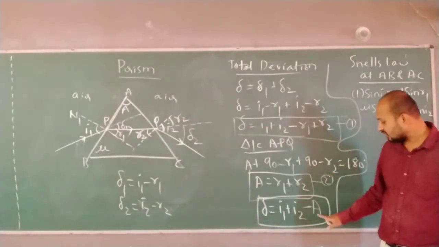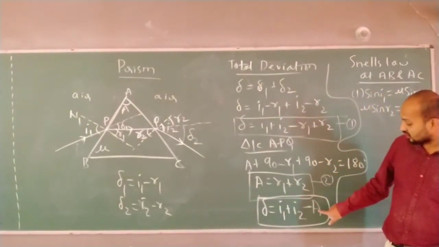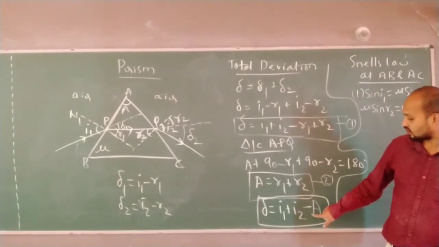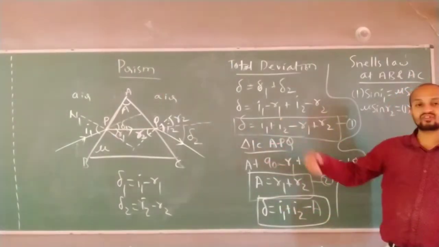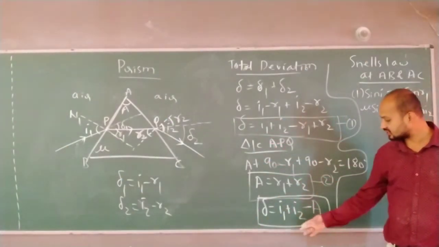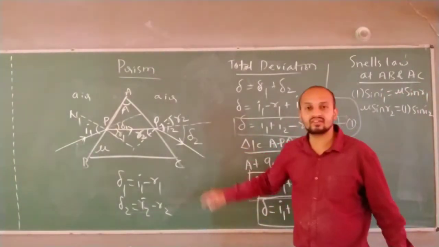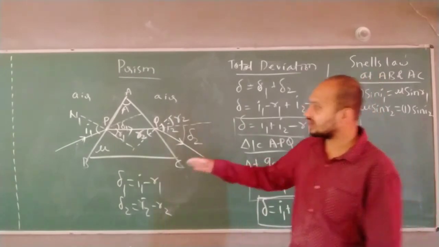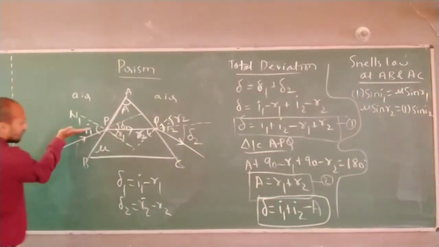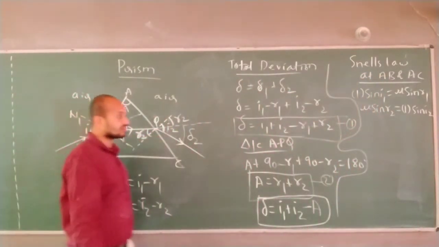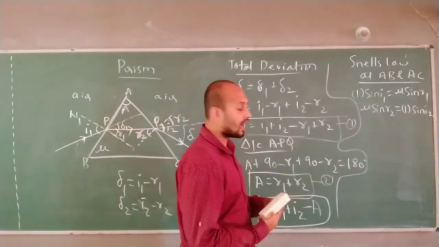Correct? If angle of prism is more, what will happen? This delta is going to reduce. From this relation, if I1 is increasing, total deviation of this light will be increasing. So I need to find that analysis.